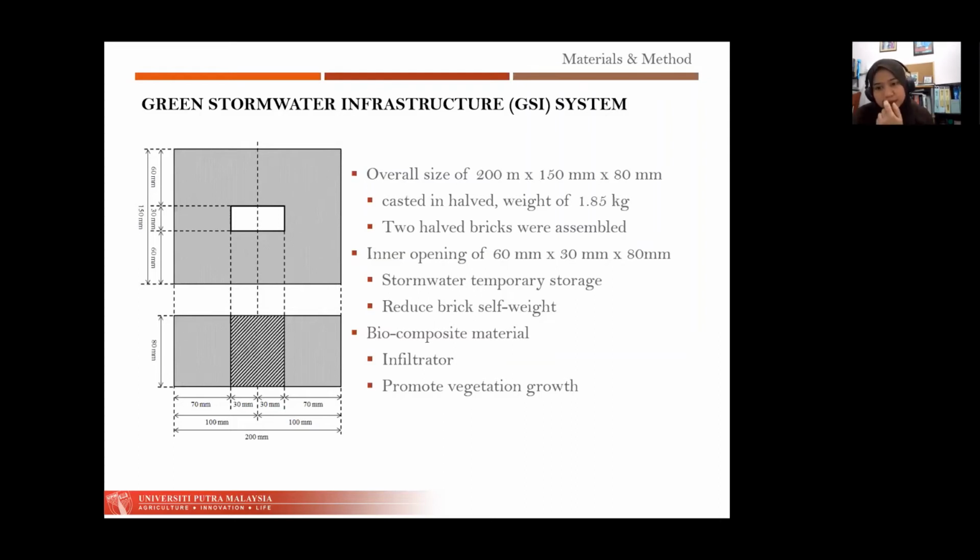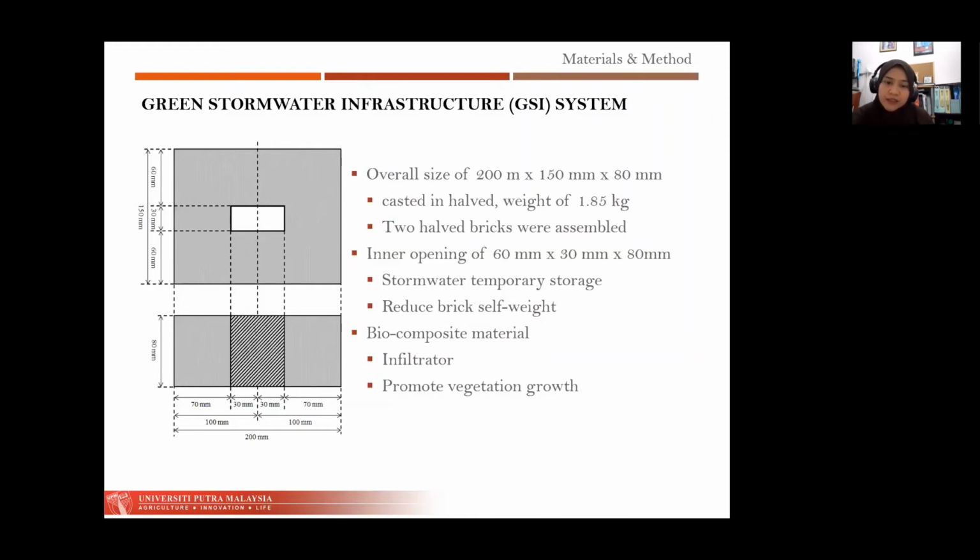A single integrated GSI brick is designed to be 200 by 75 centimeters in length and width, with the opening section measuring 30 by 30 centimeters. The thickness of the brick is about 80 millimeters. This opening section is to be filled with the biocomposite materials and to reduce its individual weight.